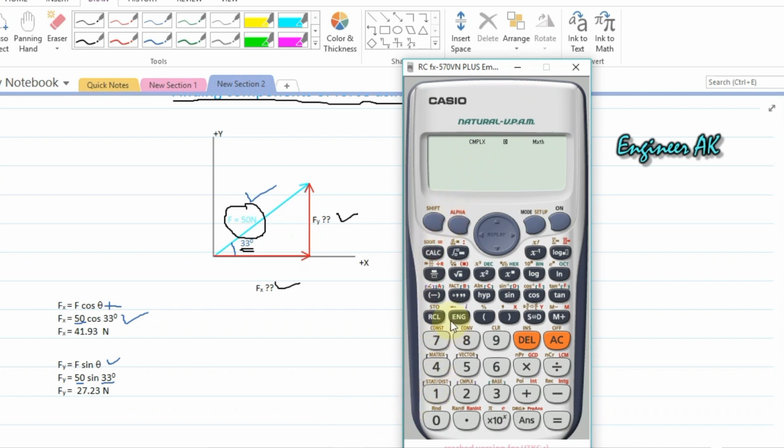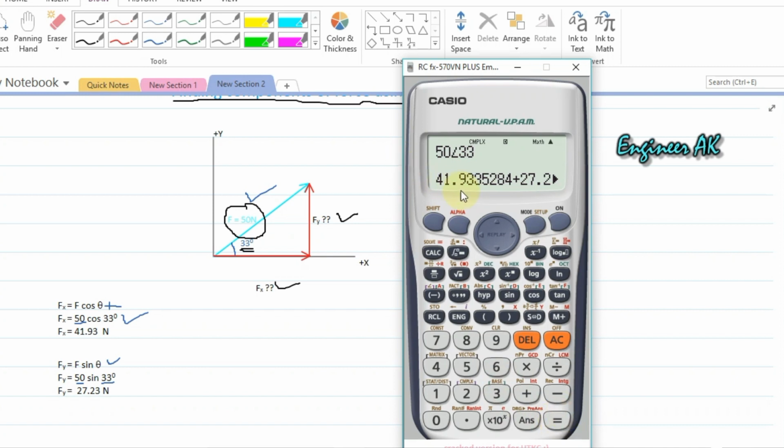Now we can see the complex mode is activated. First we have to put the magnitude, that is 50. Then you have to put the angle. For the angle we can see the sign here, and this is the brown one; the brown commands are activated by pressing shift. So first we press shift, then the angle command, and the angle is 33.